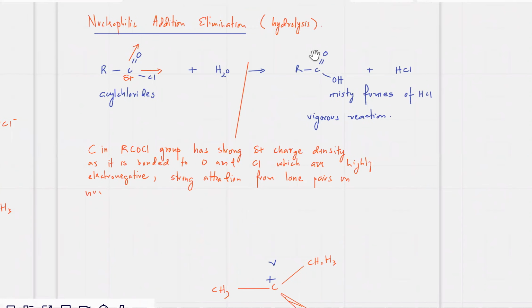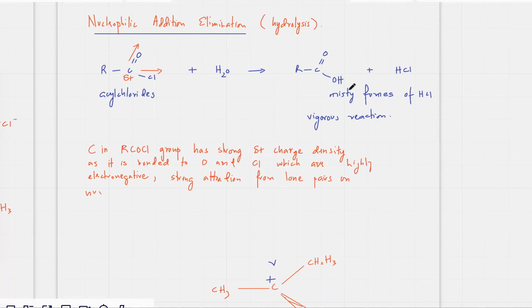Now, this particular reaction was with acyl chlorides. That's an acyl chloride. An acyl chloride has a C=O bond with the Cl. So it's a very positive carbon atom.